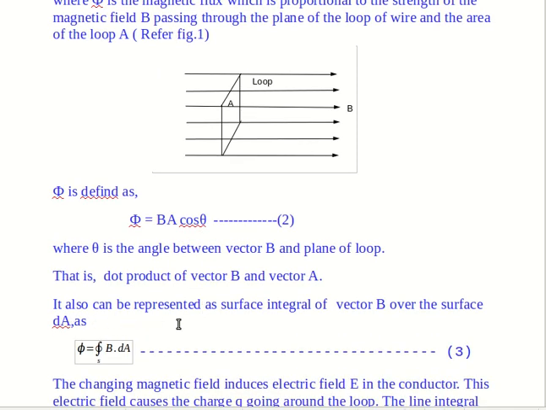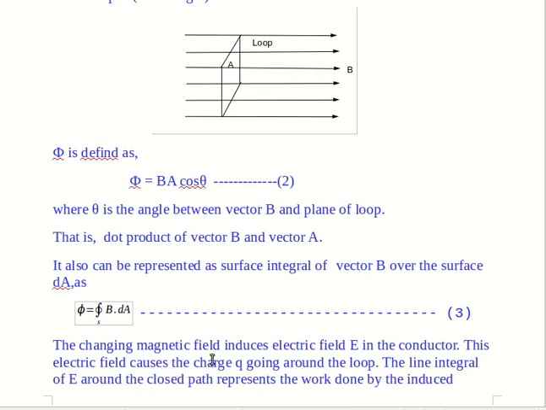Now it can also be represented as the surface integral of vector B over the surface: phi equals the surface integral of B dot dA, where dA is the small elemental area of this whole area. Now the changing magnetic field induces an electric field E in the conductor.